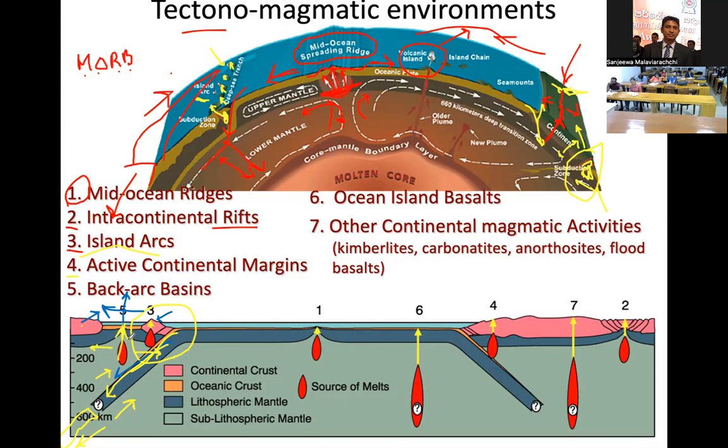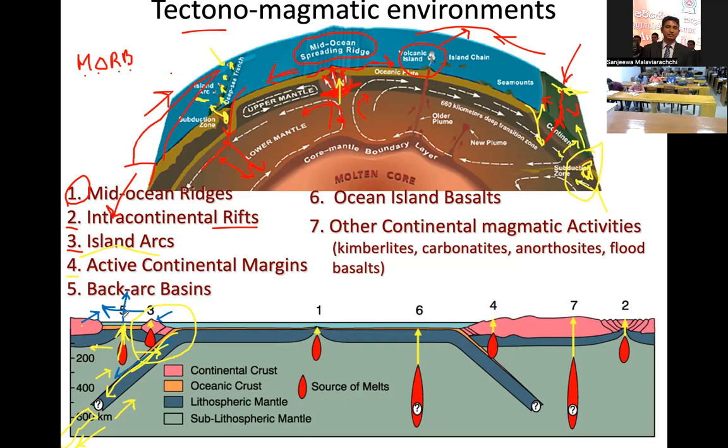Upwelling means the mantle melts moving up, right? Like in the mid-ocean ridge, we can call it mantle upwelling here also. Like in the mid-ocean ridge, the magma will come up in this setting. So that magma we call back-arc magma, right? The region is called back-arc basin.